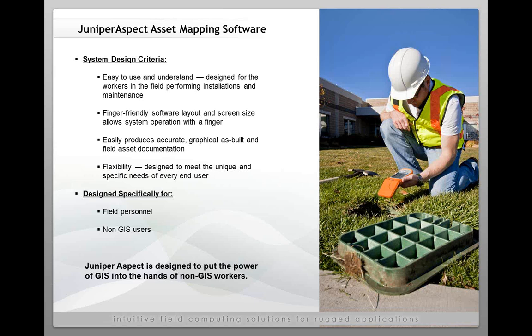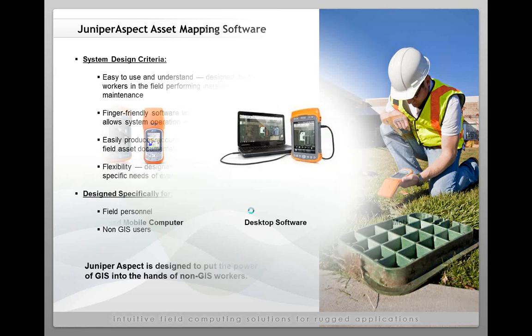So we designed the system around using databases to describe and maintain the objects that we're going to map. In the system you can create as many databases as you want for any type of object or asset that you have in the field. And again, our whole goal with this system is to put the power of GIS into the hands of non-GIS workers. And I think we've been successful in doing that.